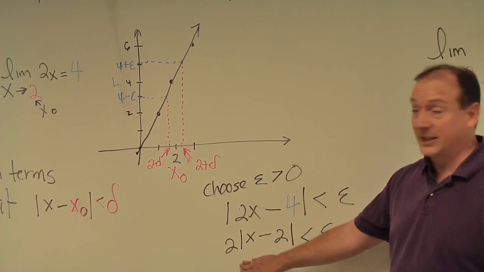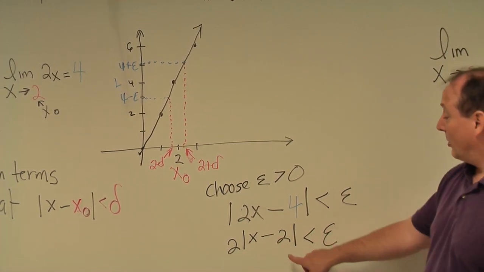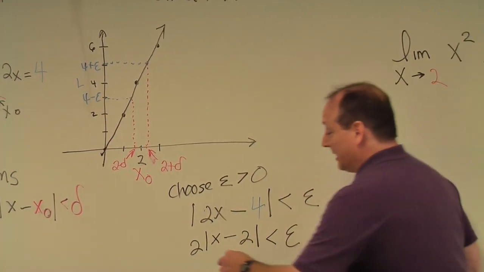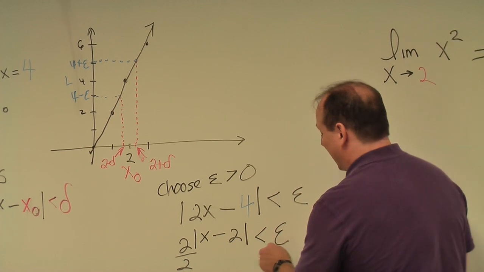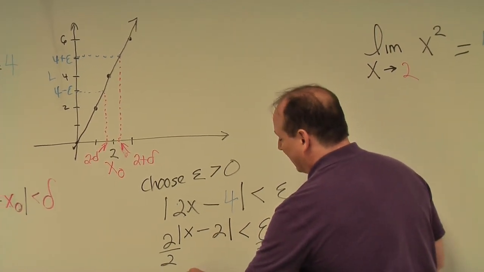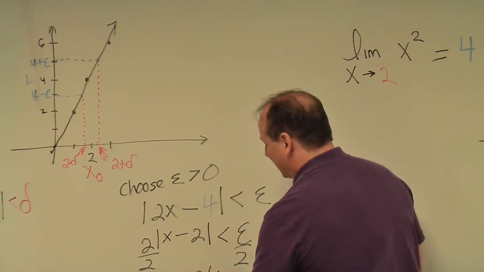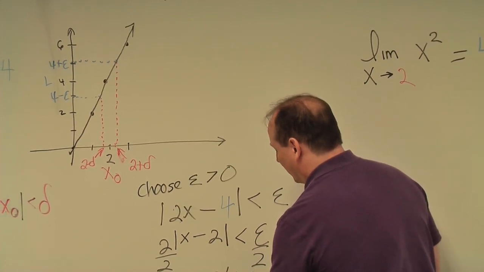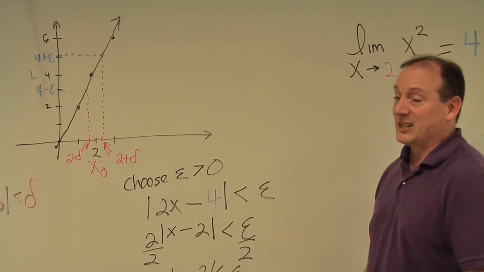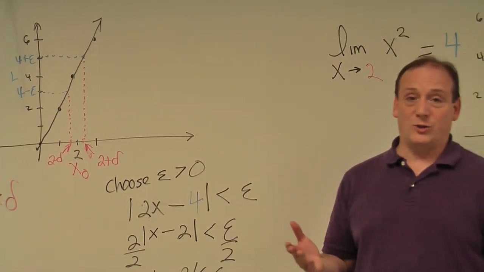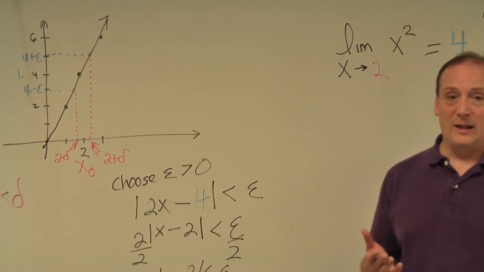We're interested in x minus x naught. So we need to get rid of that 2. The easy algebra here is to divide both sides by 2, and we get that x minus 2 is less than epsilon over 2. And this is exactly what we were looking for, because now we want to choose our delta.